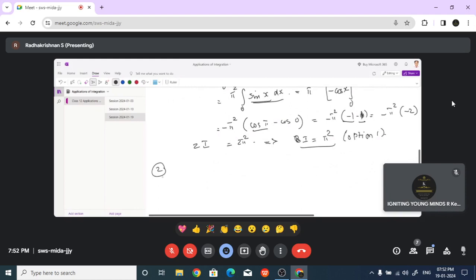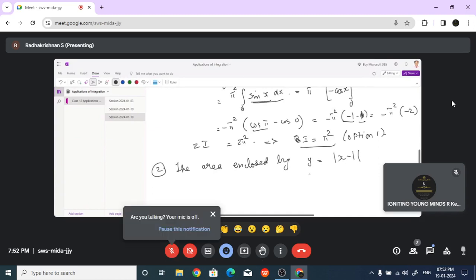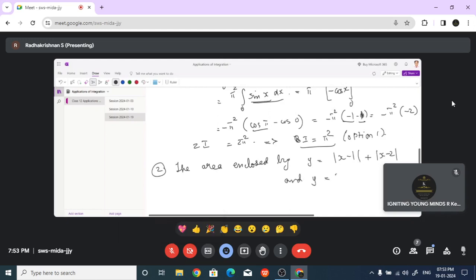Now the next problem. The area enclosed by y equal to mod x minus 1 plus mod x minus 2 and y equal to 3 is what?